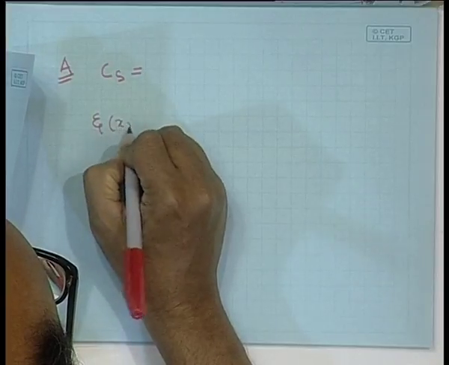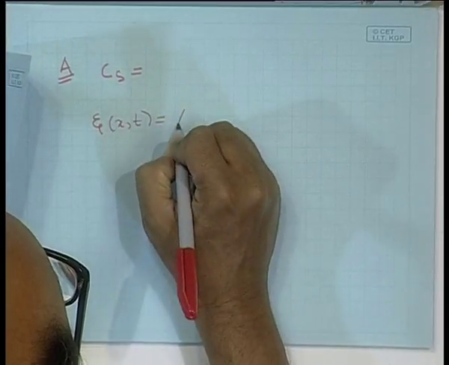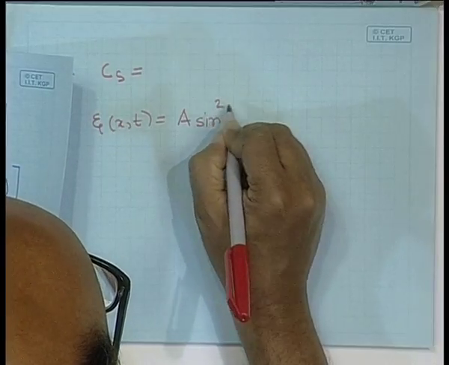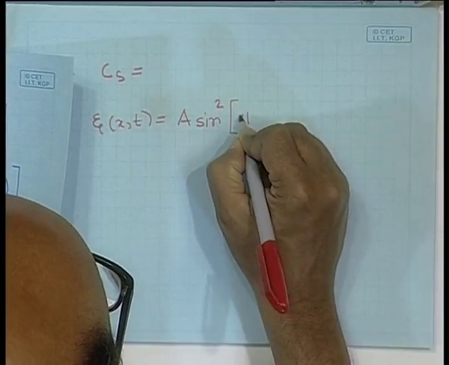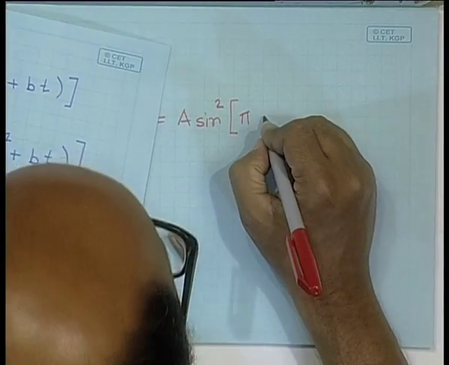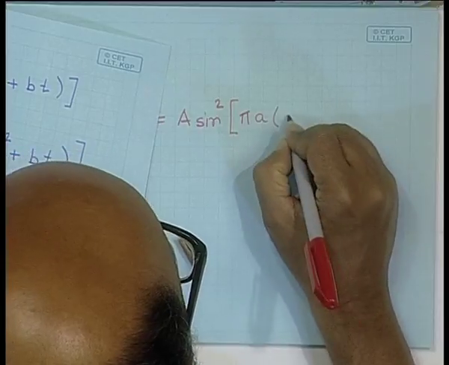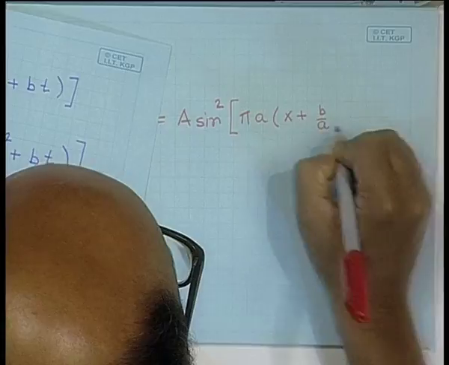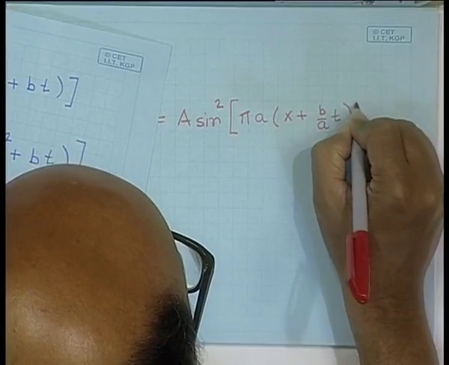Xi x t is equal to a sine square pi, I take a common outside, a times x plus b by a times t.